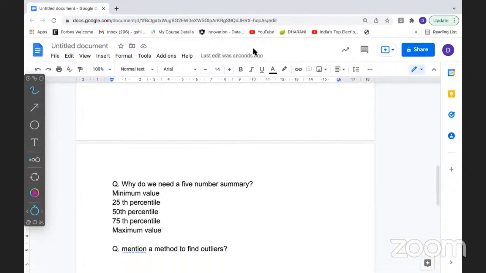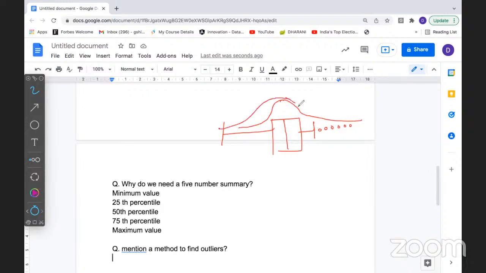The data is something like this. If it is like this, you are able to identify how the spread is. We are also knowing that there are outliers.